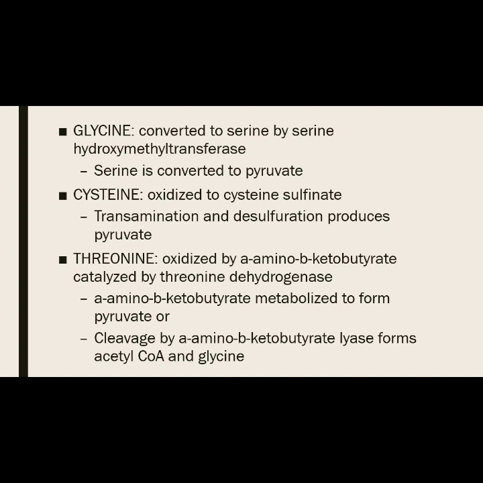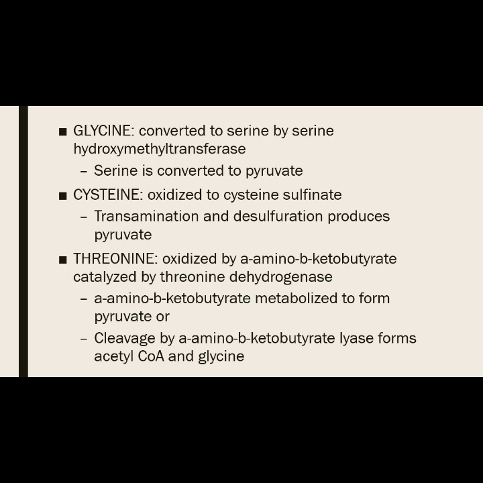This alpha amino beta ketobutyrate is metabolized to form pyruvate. Or this alpha amino beta ketobutyrate is cleaved by alpha amino beta ketobutyrate lyase to form acetyl coenzyme A and glycine.